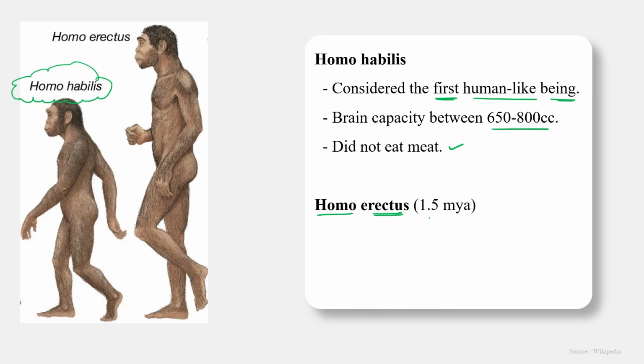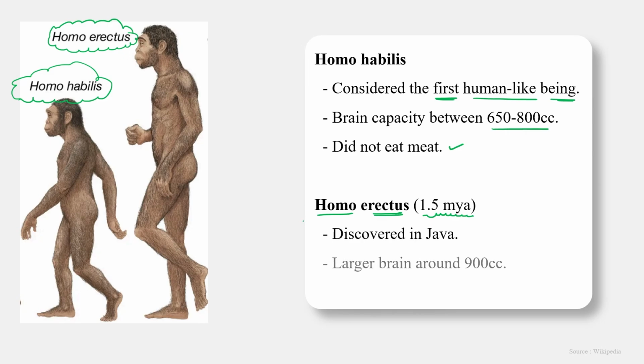They were present on the earth about 1.5 million years ago. You can compare this Homo erectus with Homo habilis. They were comparatively taller than Homo habilis, and their fossils were found in Java. Their brain capacity was also comparatively more, about 900 cc, and they likely ate meat.